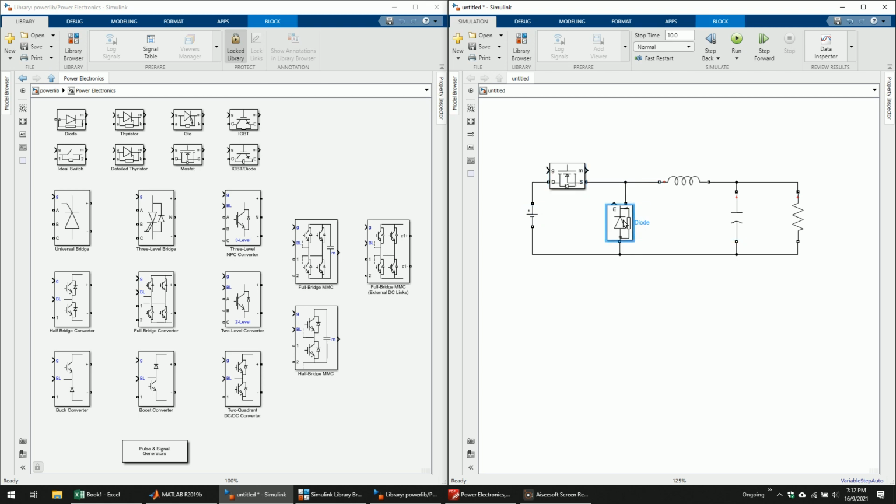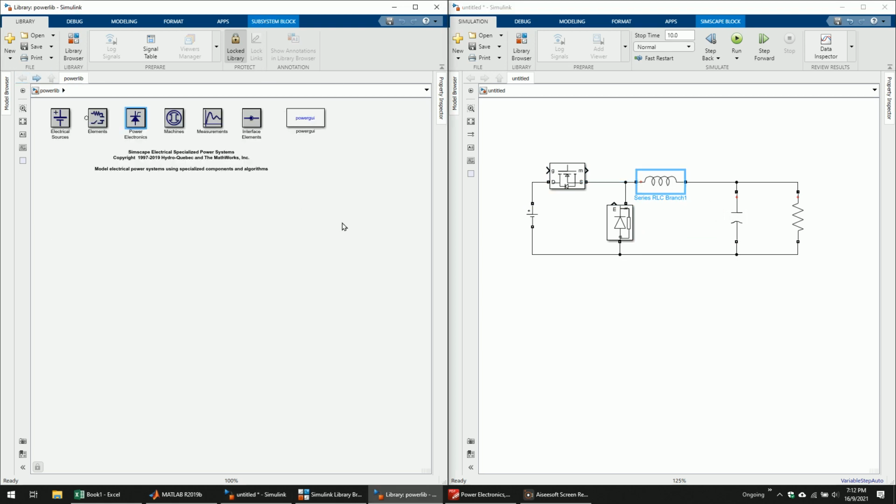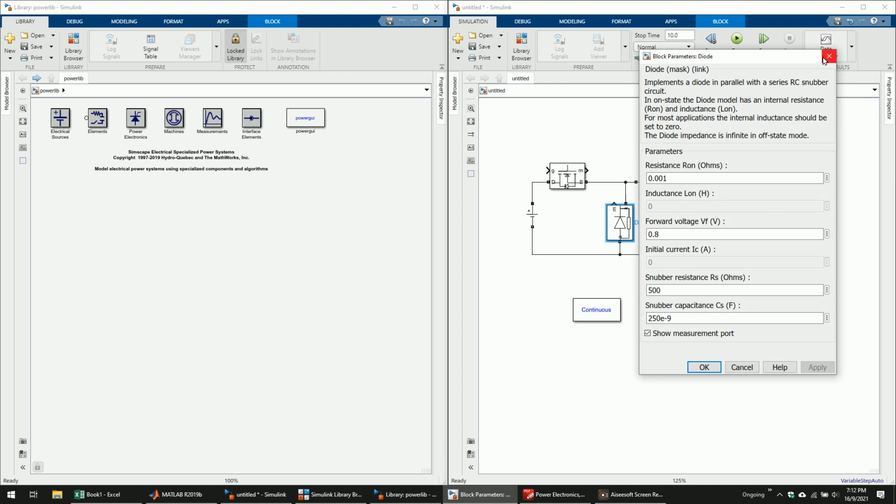So although this is a completed circuit, you need to have other components. When it comes to using the power library, you have to put the powergui. Because your design is the ideal one, you have to make sure you double click the diode and then change the forward voltage.